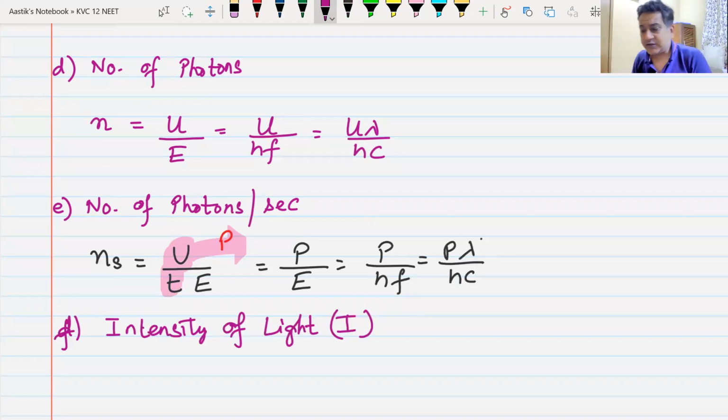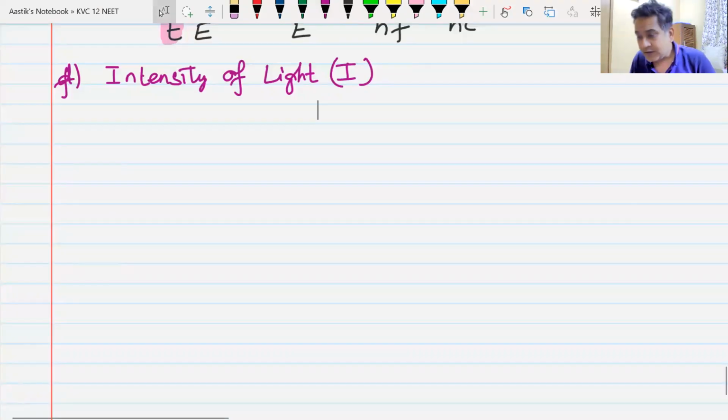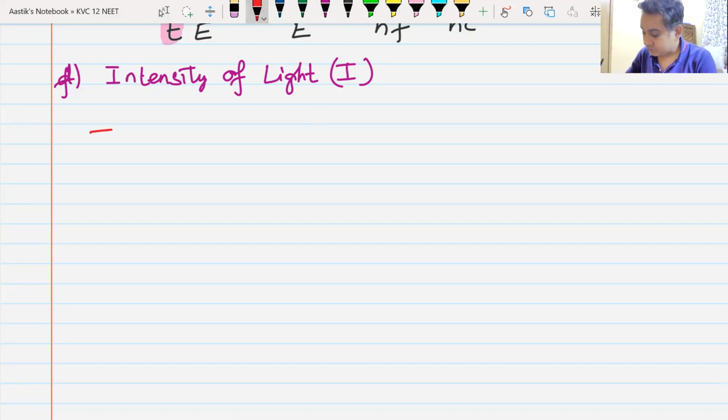I talked about intensity of light in wave optics, where you have maximum intensity, you have bright fringes, minimum intensity, dark fringes, whether it was Young's double slit experiment or whether it was diffraction, there was also always intensity, yes or no? What do you mean by intensity of anything? Intensity is a word that is associated with any wave. It may be a light wave, it may be a sound wave, it may be any form of wave. What do you mean by intensity? Anyone?